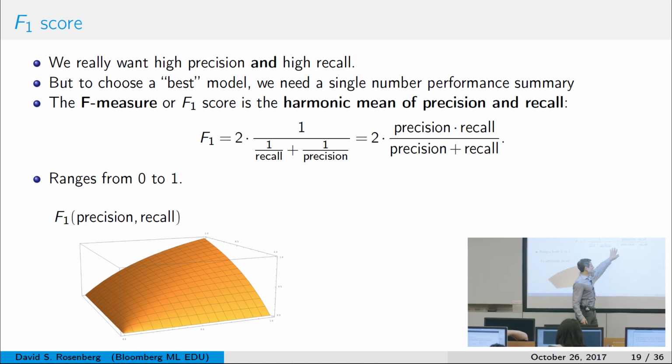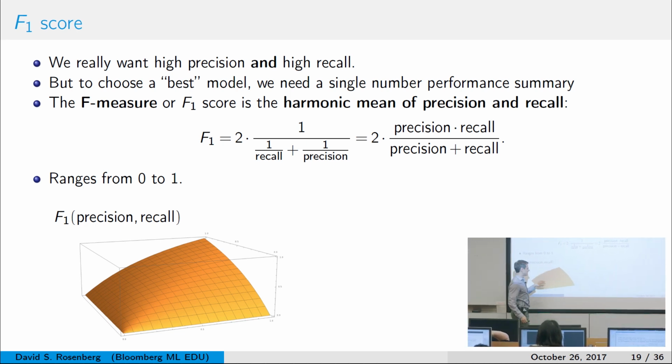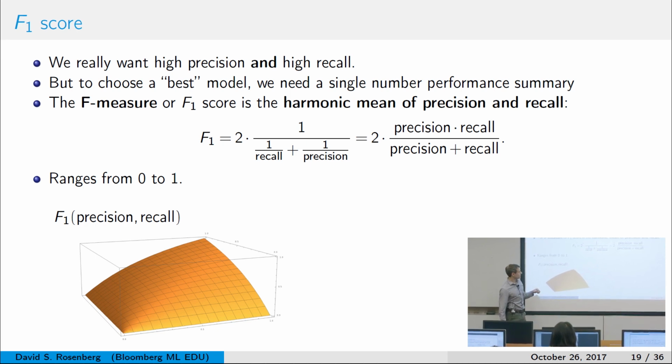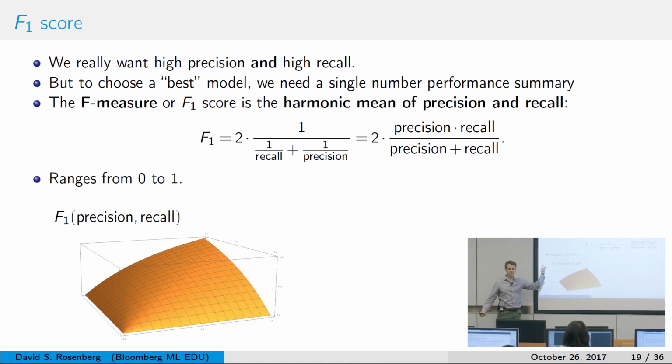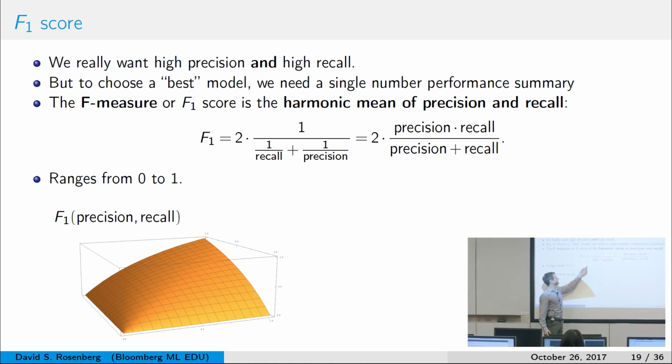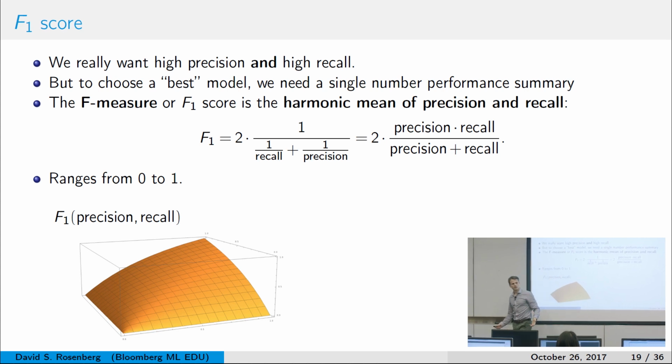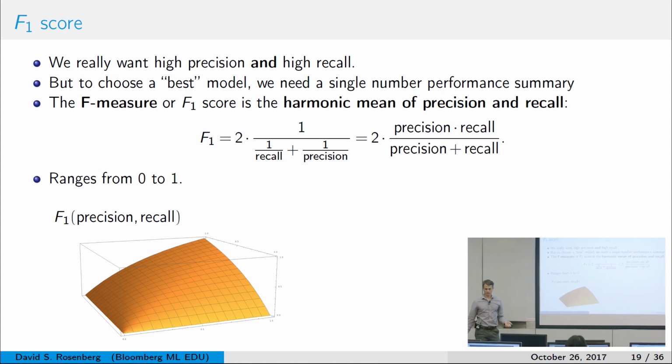It has this formula, but I've plotted the harmonic mean as a function of precision and recall for you. If you look at the formula, you can see pretty easily that if precision is equal to recall, then the harmonic mean is whatever precision and recall are. If either precision or recall is 0, the harmonic mean is 0.